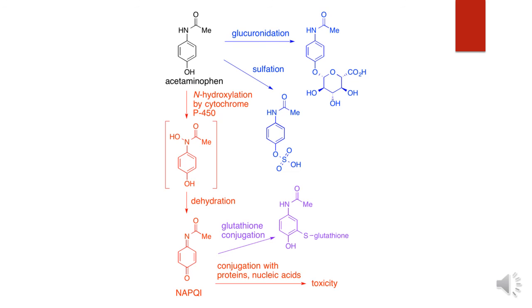And so this cytochrome 2E1 has to manage more than it's used to, and produces a lot more NAPQI. Unfortunately, there's not enough glutathione in the liver on a regular daily basis to participate in the conjugation, and so the levels of NAPQI can rapidly build up to very toxic levels.